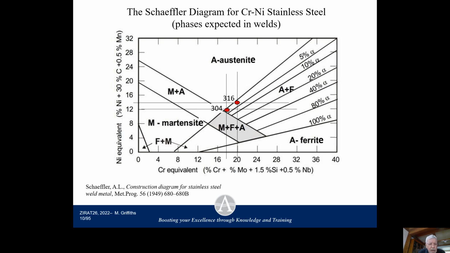And the Schaeffler diagram tells you, for given mixes of alloy compositions, what the expectation is in terms of the alpha phase content, which is the BCC phase, or the martensitic content.